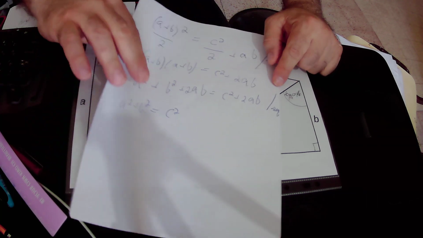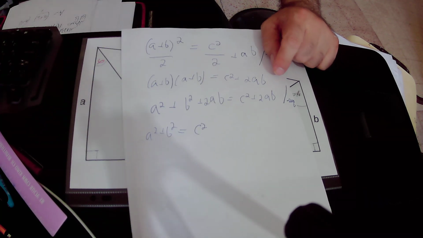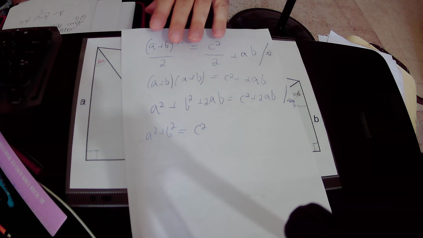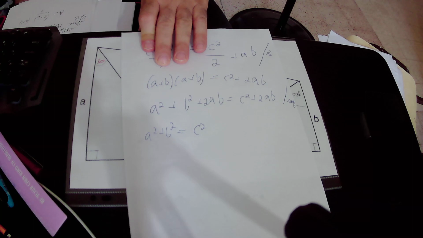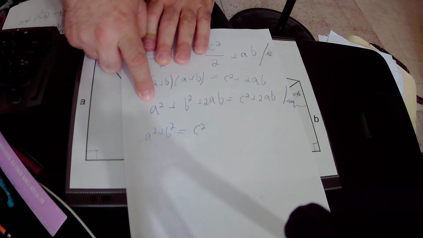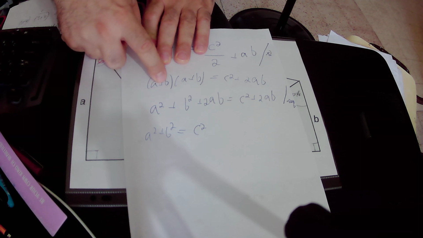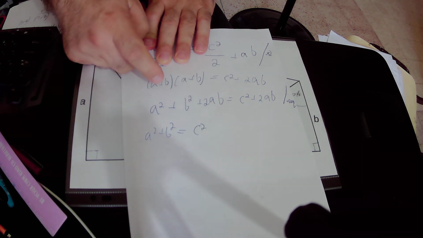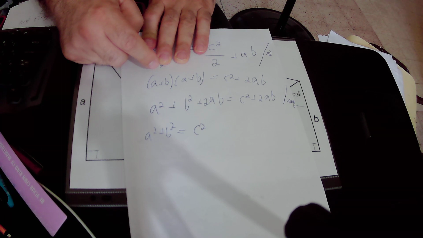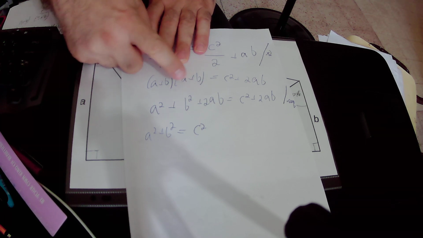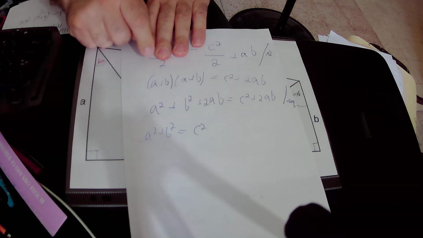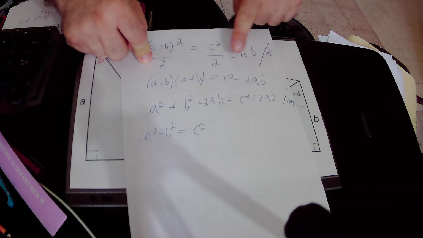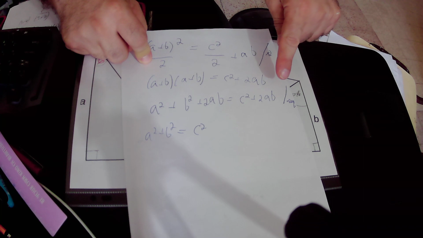Okay. Now we will open the brackets, and a times a is a squared, b times b is b squared, and a times b plus b times a is 2ab, equal to c squared plus 2ab.